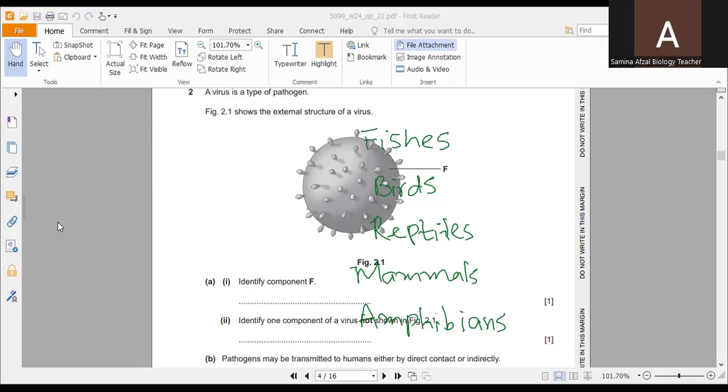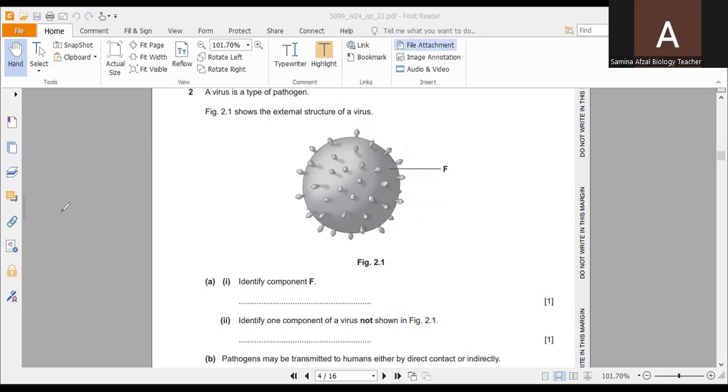Here, a virus is a type of pathogen. Disease-causing agents are called pathogens. Here you can see a virus and one labeling F. So this is the protein coat.